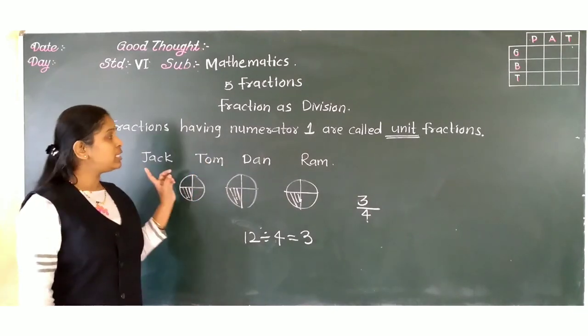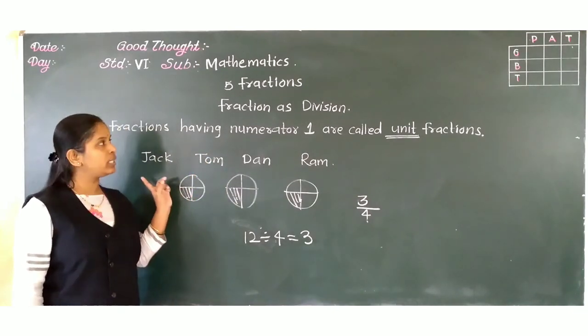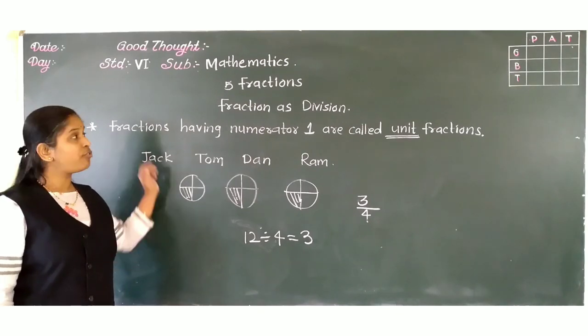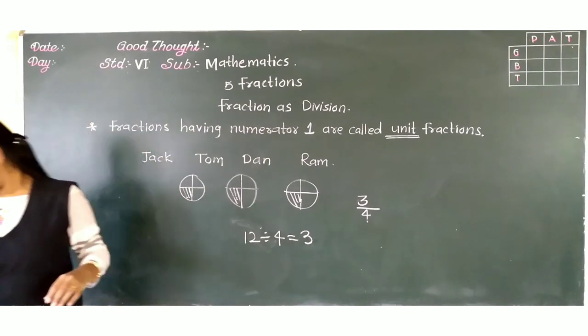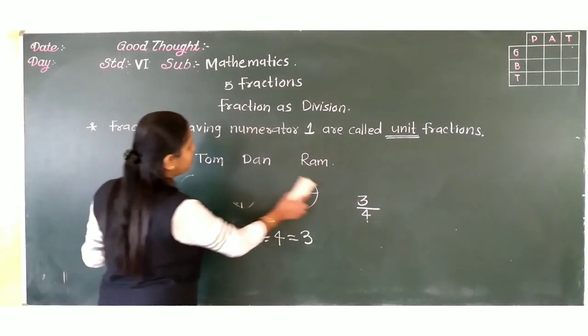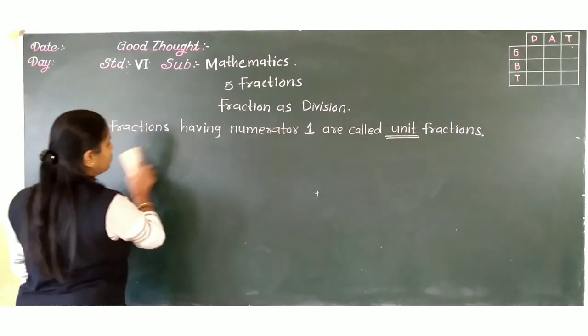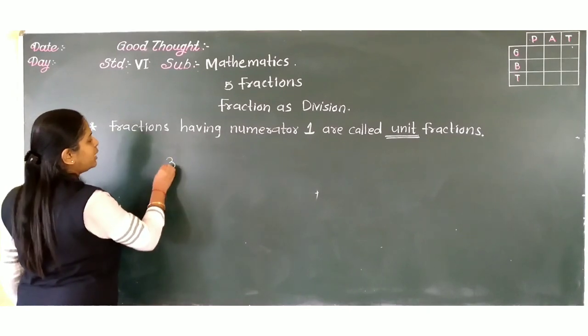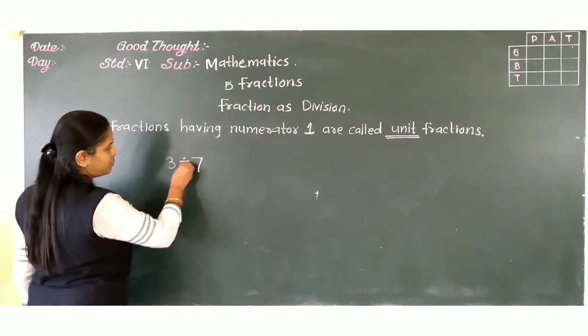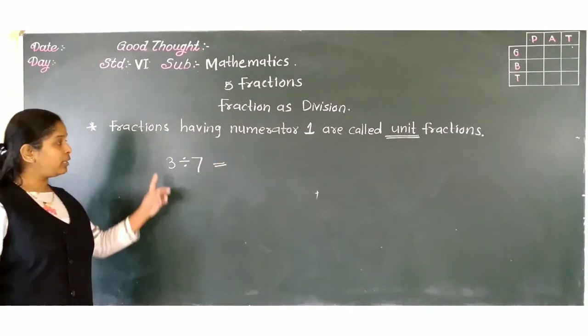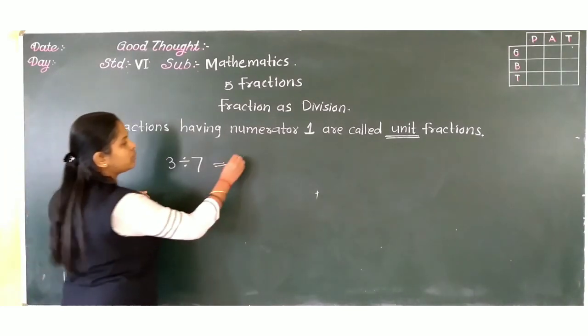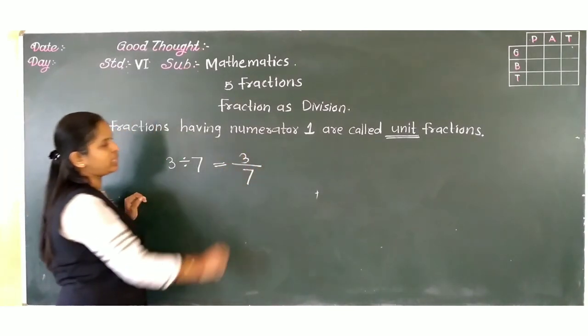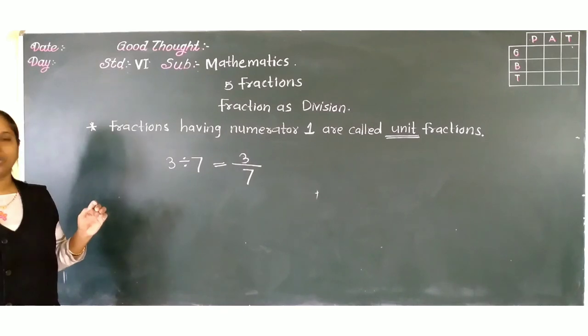Okay, how did we do this? By using division. So fraction as division means we can write it here. Suppose it is written 3 divided by 7. How to write it in fraction form? 3 is divided by 7, that is 3 upon 7.